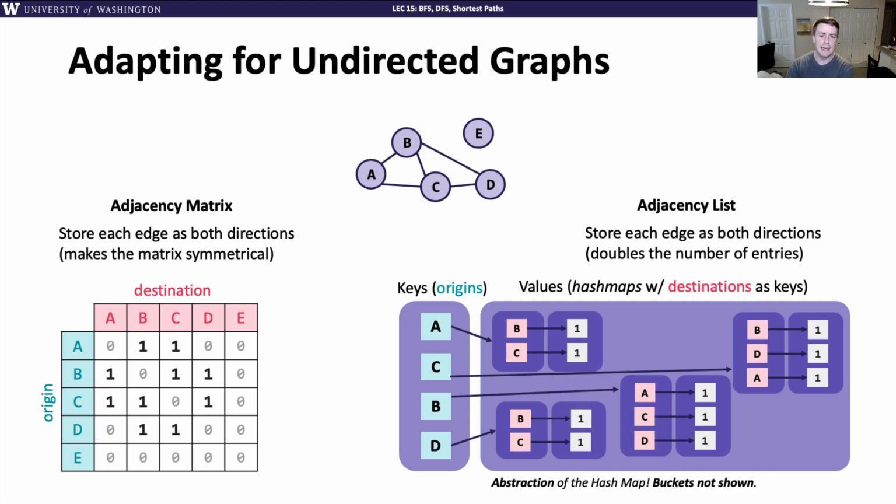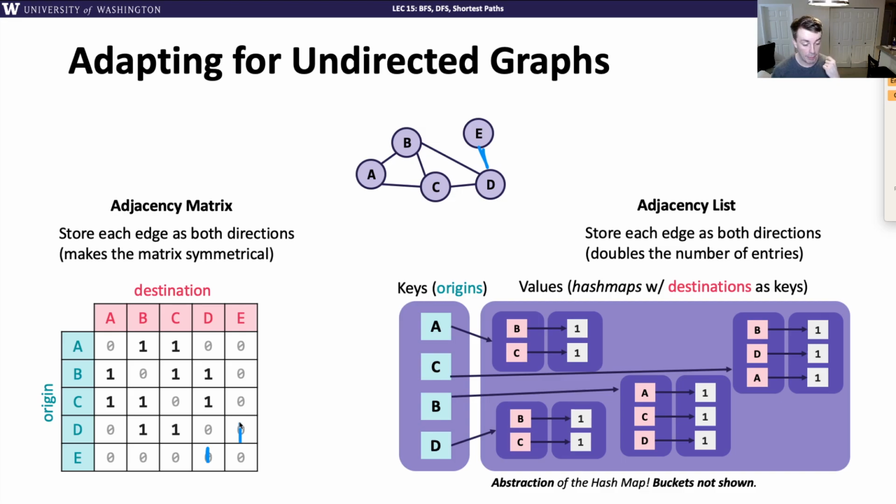One thing I thought I should highlight is that when we're thinking about this adjacency list structure or adjacency matrix for undirected graphs, the story is the same. You just usually have to be a little bit more careful when you're updating these structures. So for the adjacency matrix, say we wanted to add a connection between E and D. Well, we would need to change both this entry from E to D to 1, and we would also have to change D to E to be 1.